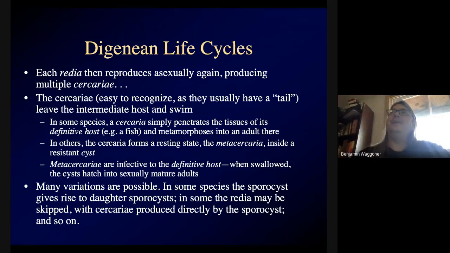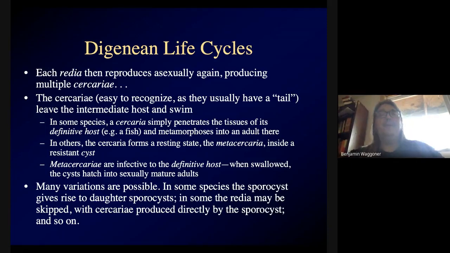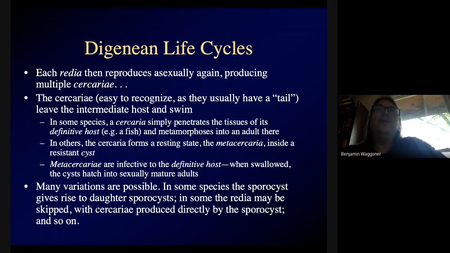That's the kind of thing that catfish farmers in the Mississippi River Delta have to worry about over in East Arkansas. And there are some that will form metacercaria inside the fish liver, and all of these will just wait for the fish to get eaten by the definitive host, a fish-eating bird.